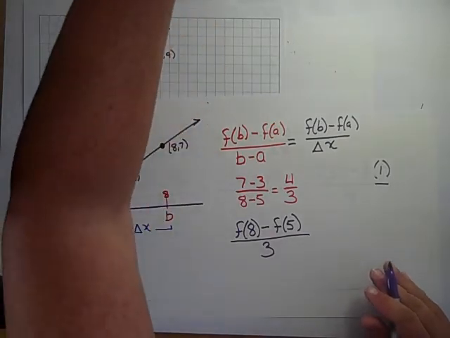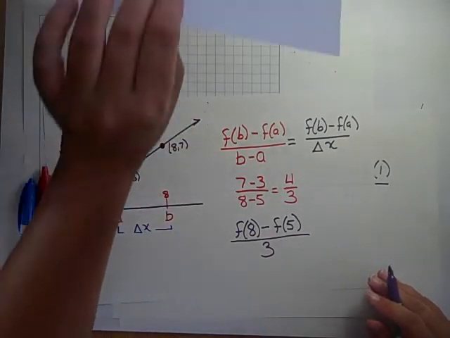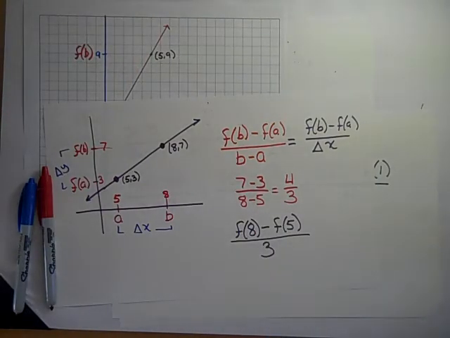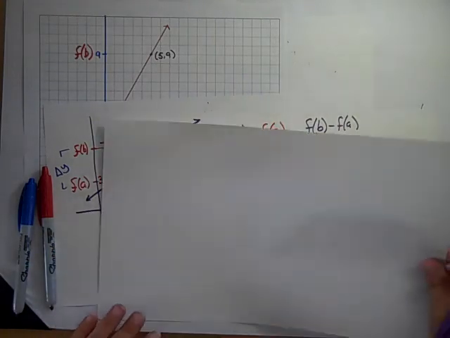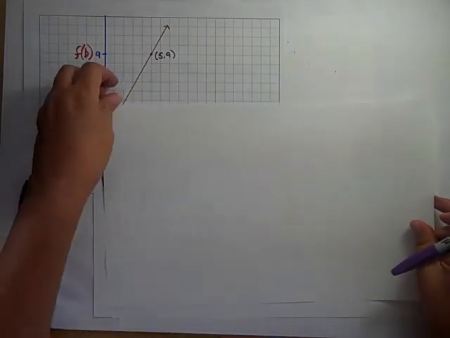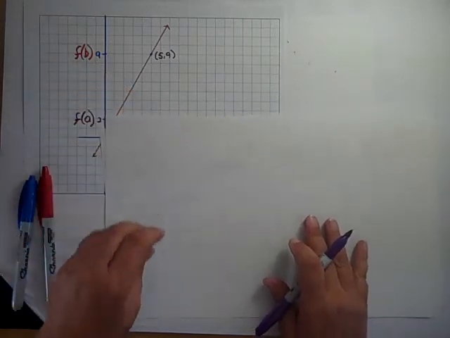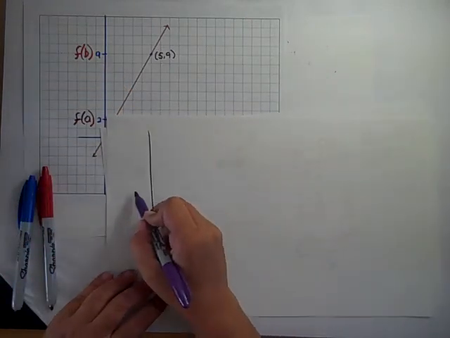Okay, I think I have one more of those to do. Let's just do one more of those to get used to that. So let's draw a new graph. And by the way, leave some space because we're going to come back to that graph also. So let's draw a new graph that looks like this.